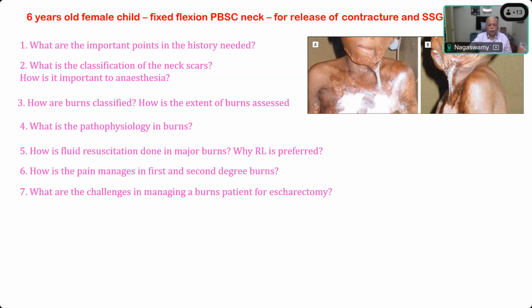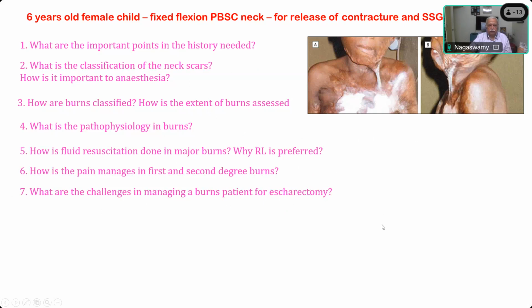Okay. So challenges are a lot of hemorrhage, number one. Number two, monitoring, placement of NIBP, pulse oximetry, the ECG, everything will be a challenge in doing an escharectomy in an acutely burnt patient. Third will be airway difficulty. Patient may have a very solid eschar in the neck, it will be very difficult.